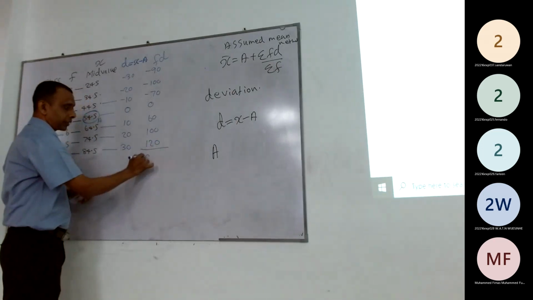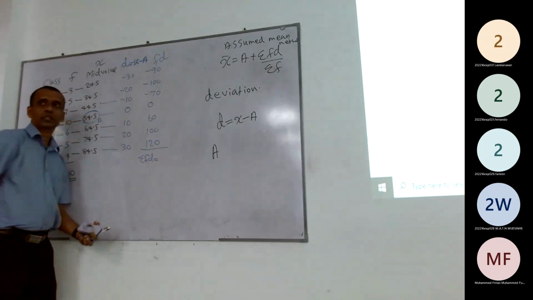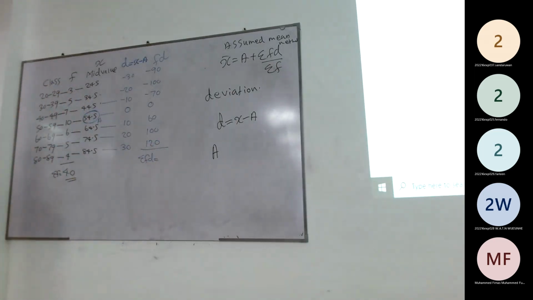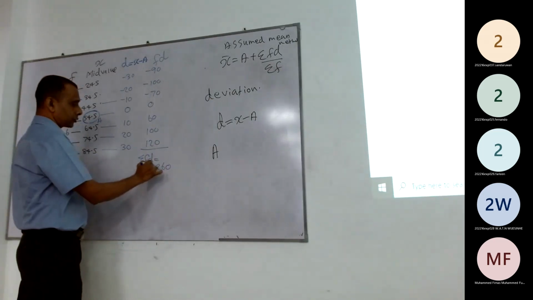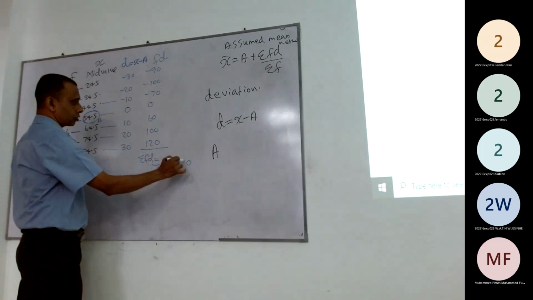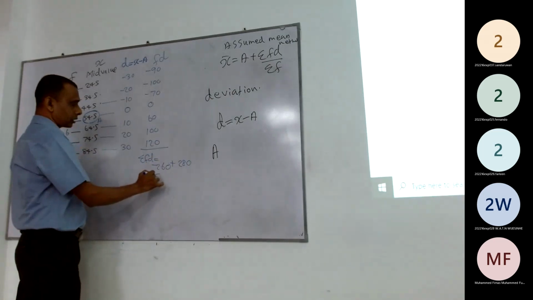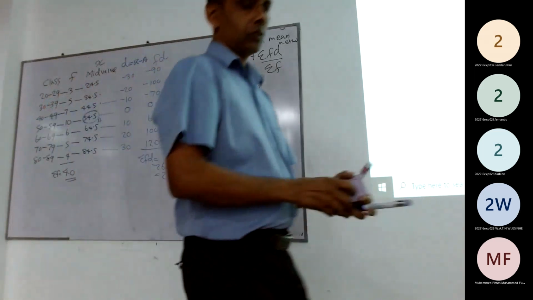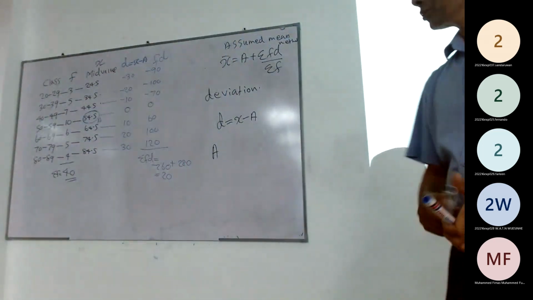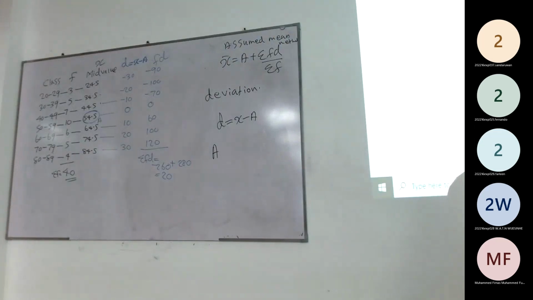Then take sigma fD. Negative values sum to minus 260, positive values sum to 280, then the balance is plus 20. Whatever the value, negative or positive, no problem. Here it is plus 20.